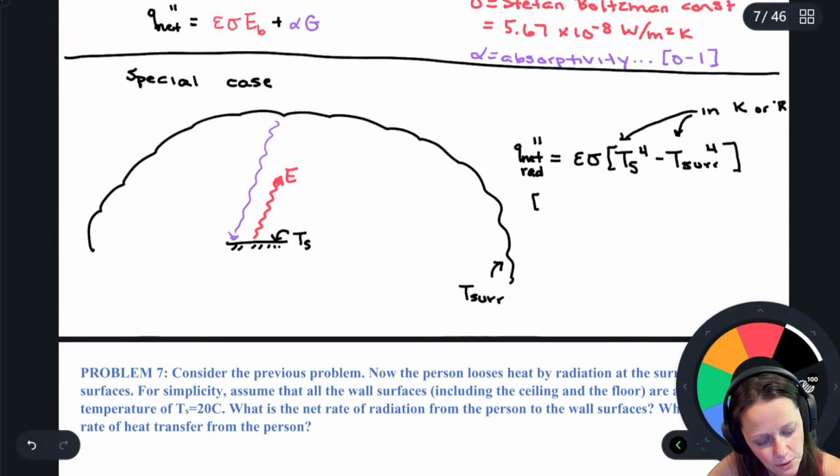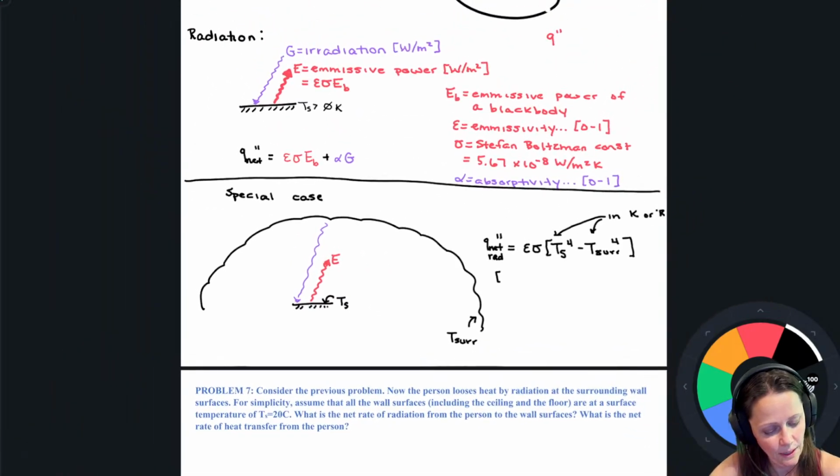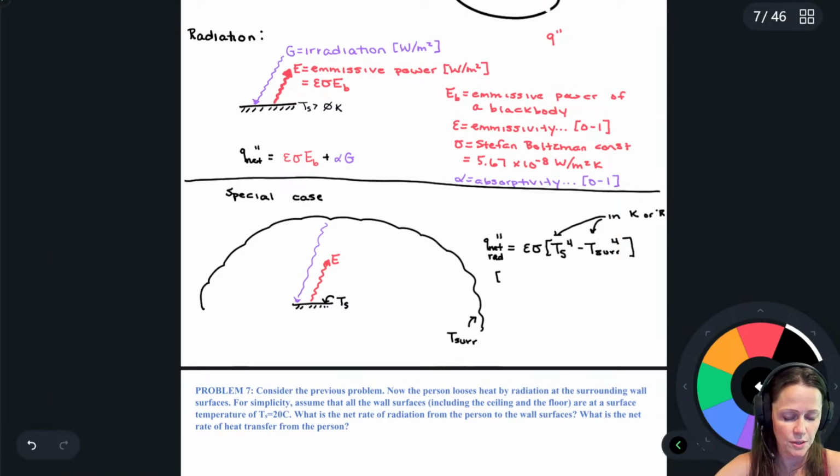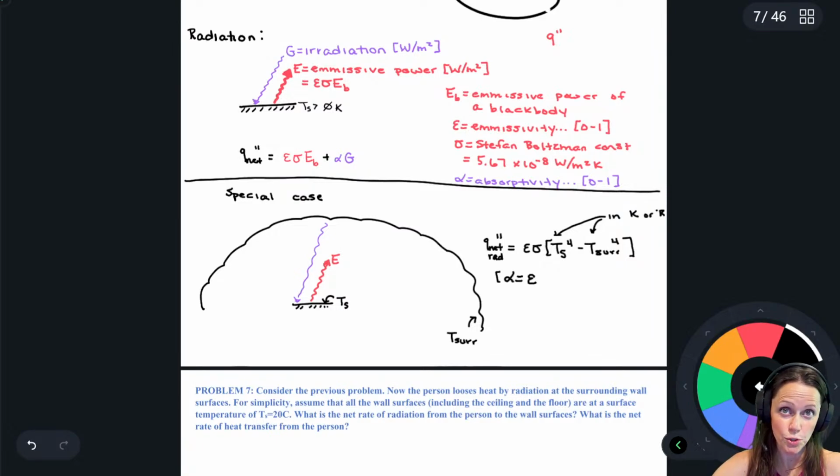One assumption that goes with this is that the absorptivity and the emissivity are equal to one another. And that sort of makes sense.